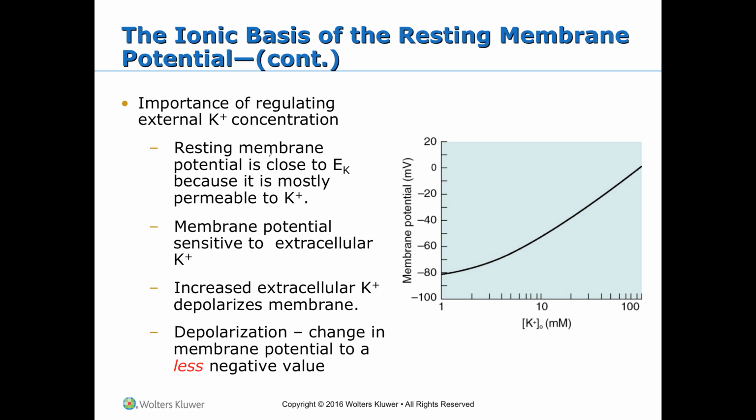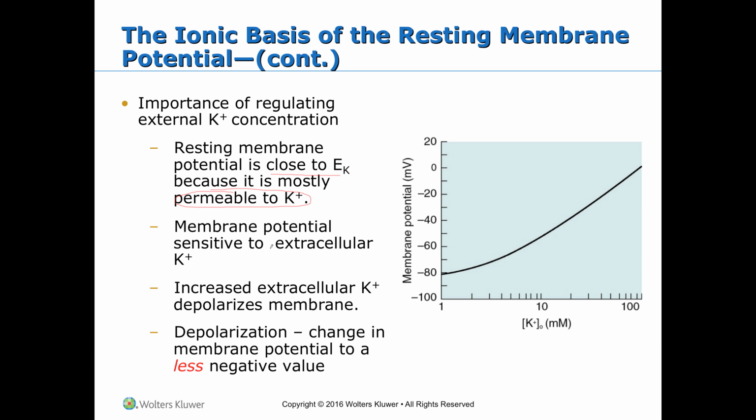The resting membrane potential is close to the equilibrium potential of potassium because the neuron is mostly permeable to potassium. There's a very highly controlled environment for our sodium, and we'll get into that in the next video. But the neuron is mostly permeable to potassium.